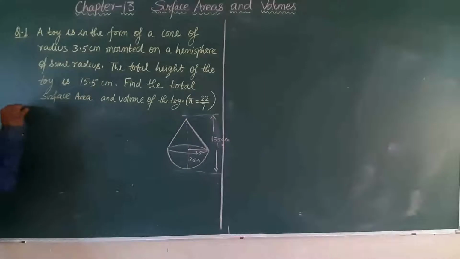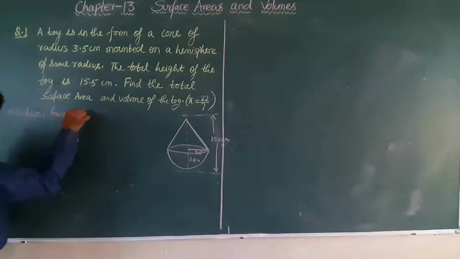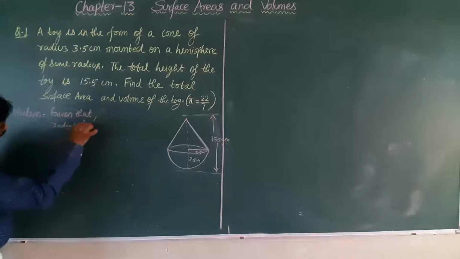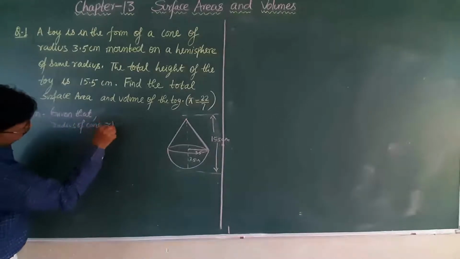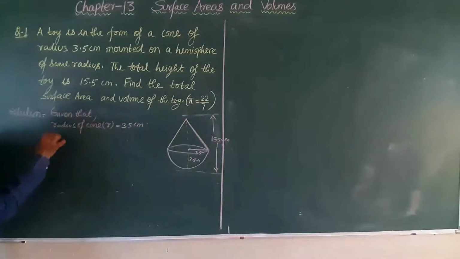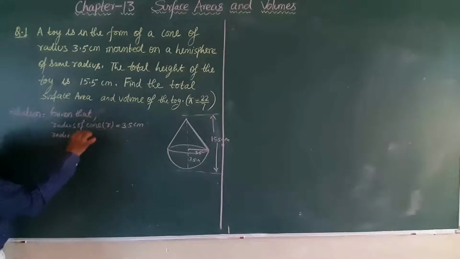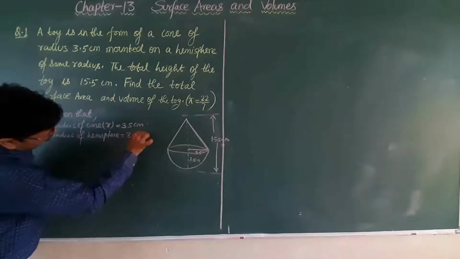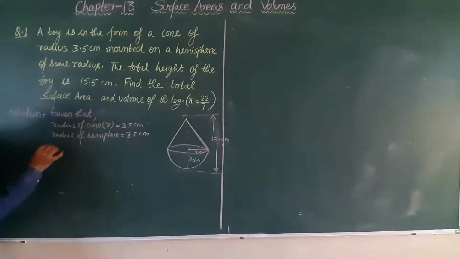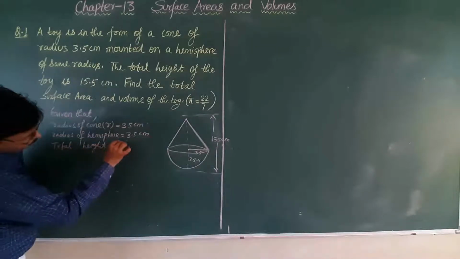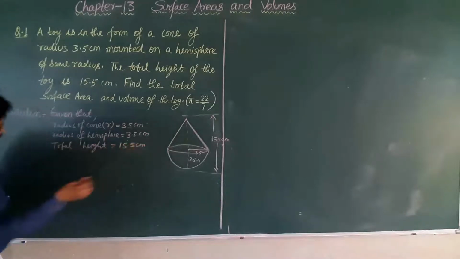Okay, so the solution. Given: the radius of the cone is 3.5 centimeter, the radius of the hemisphere is 3.5 centimeter, and the total height is 15.5 centimeter.